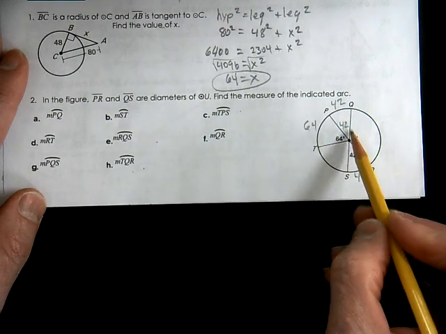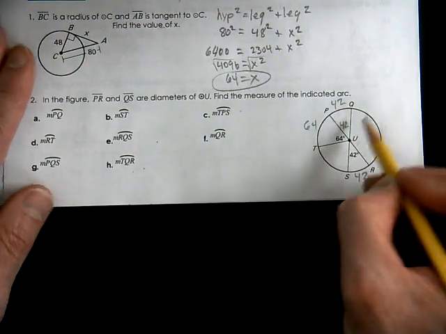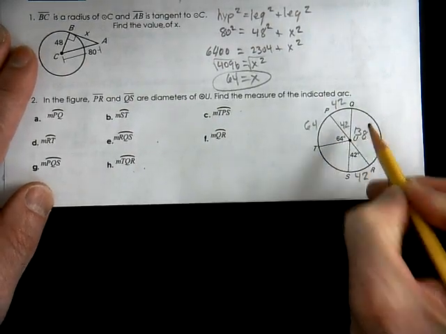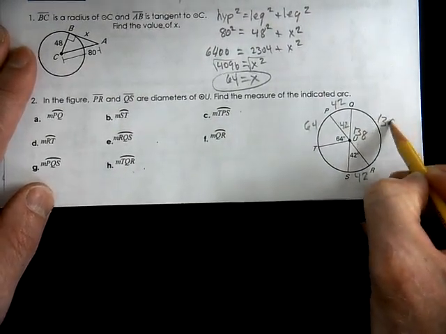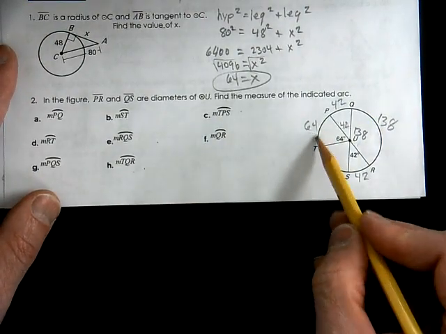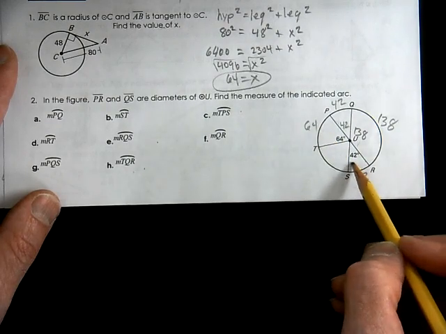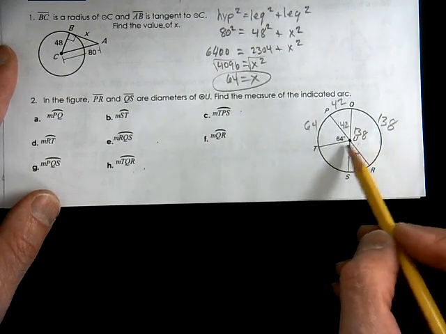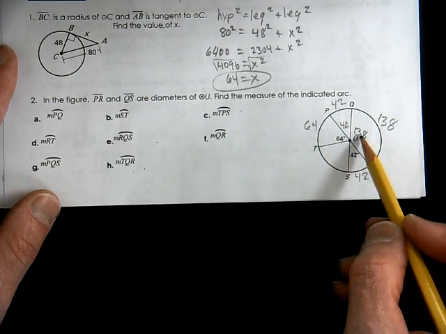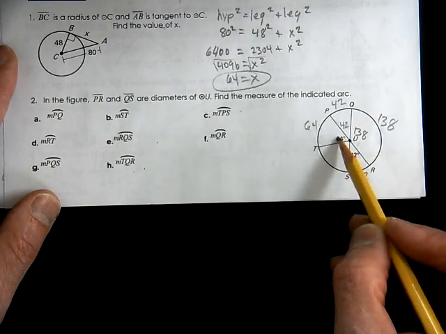We know that if you have a diameter, that your two angles are going to be supplementary. So that's got to be 138. And over here, the three angles have to add up to 180. We don't have vertical angles for this. It's clearly not 138. These two will be 138.